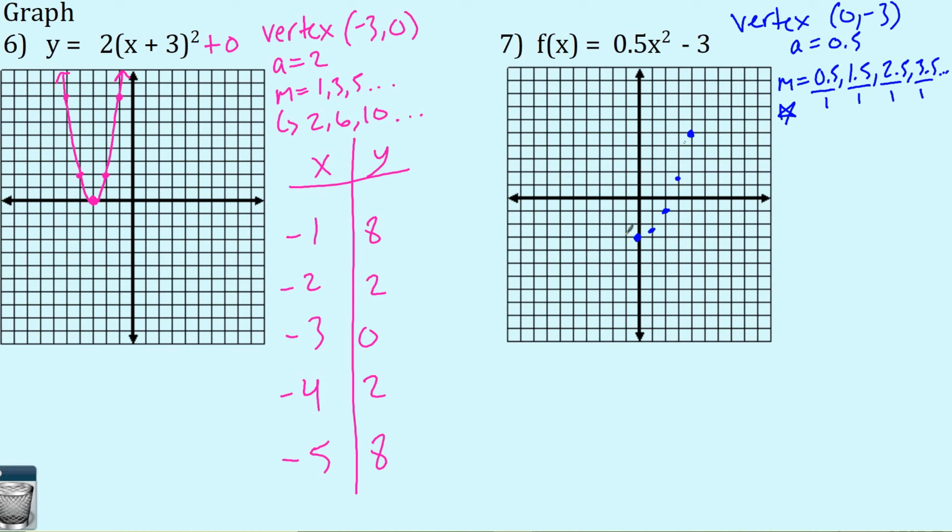Then over here I do the same thing, but I go left instead of right. It's not too bad again with a 0.5, but that's tricky because you don't know if you're going to get other ones like that. So if you were to do this with a table, which I would recommend whenever a is a decimal or you have a b value, I would graph the vertex, pick numbers above and below.